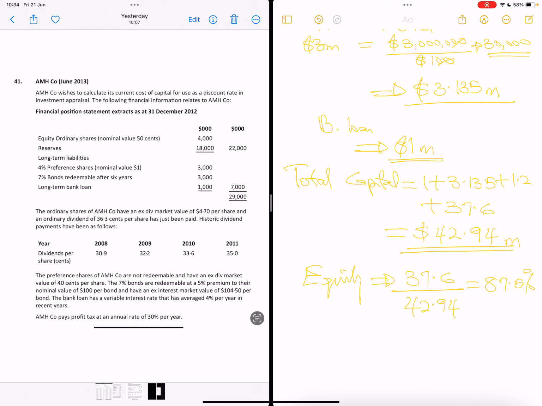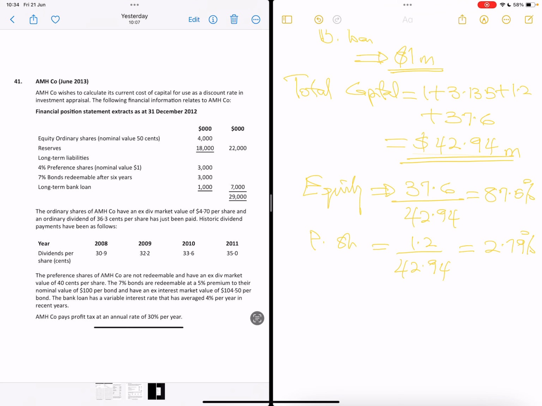Then the next one is preference shares, which is 1.2 divided by 42.94 times 100. That gives 2.79%.